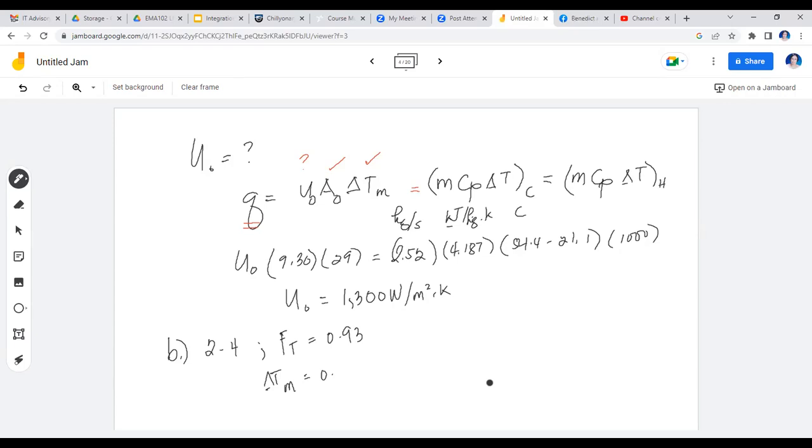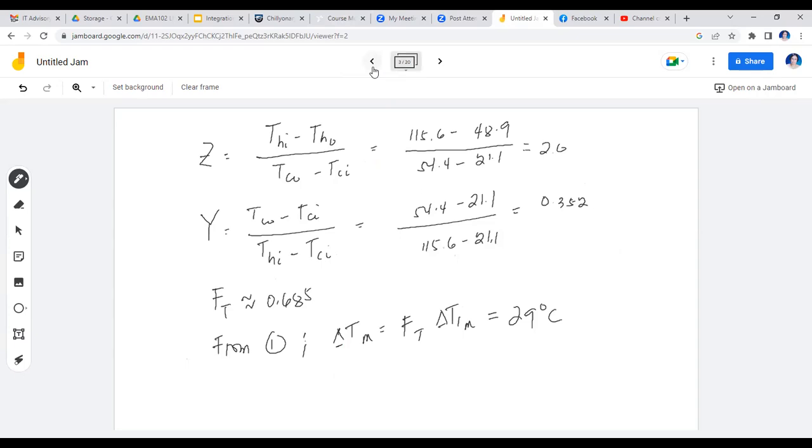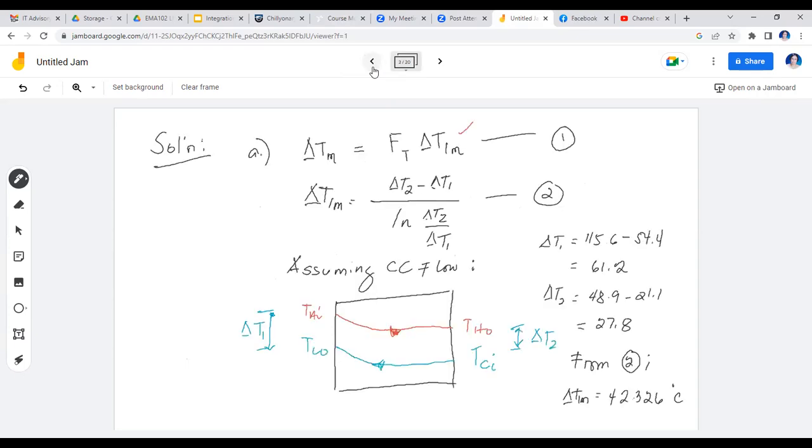Yes, Miss. Thank you. Okay, your mean temperature would be then 0.93 times the delta T log mean. Our delta T log mean in this case is 42.326.